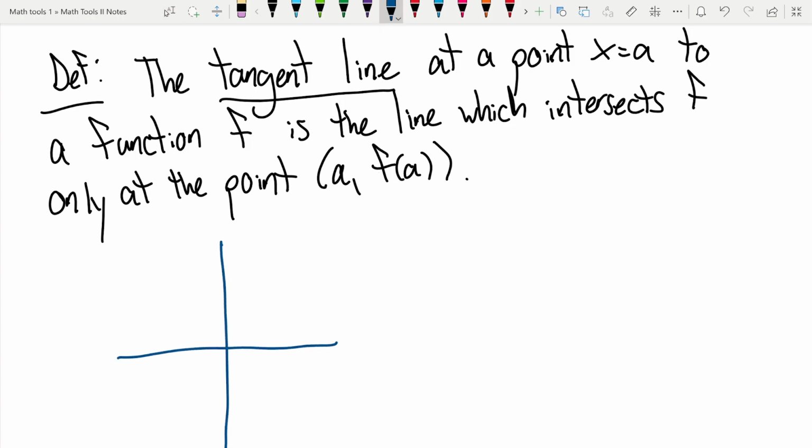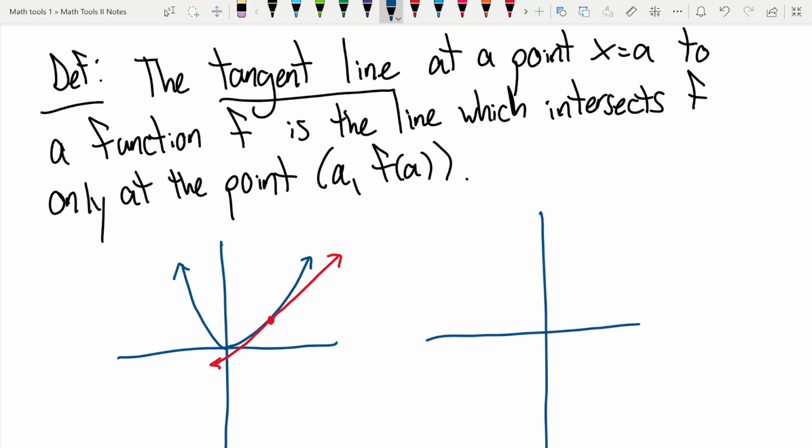So all I meant was if we have something like x squared, right? So we saw that the slope of the tangent line at this point looks something like this, where it's only crossing at that one point. But if you have something like a line, it's going to look a lot different. The slope of the tangent line is just going to be that line, like the line over itself. So it kind of falls out of this definition.